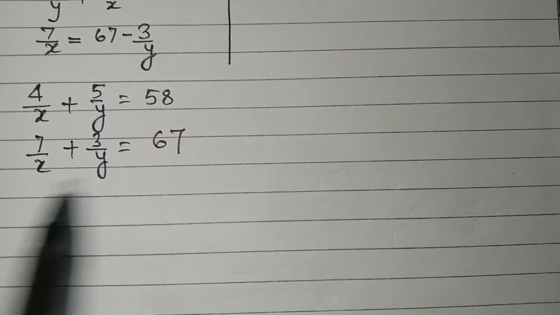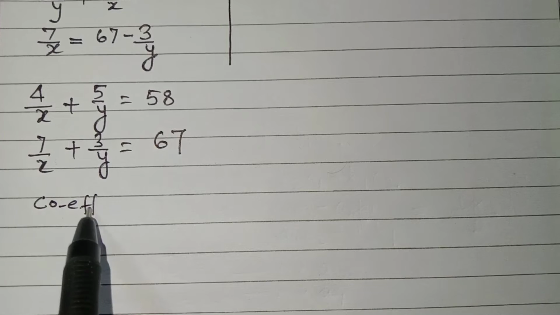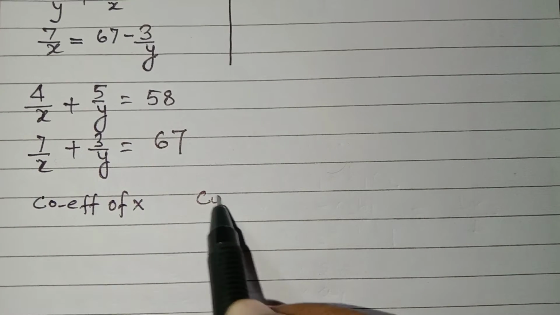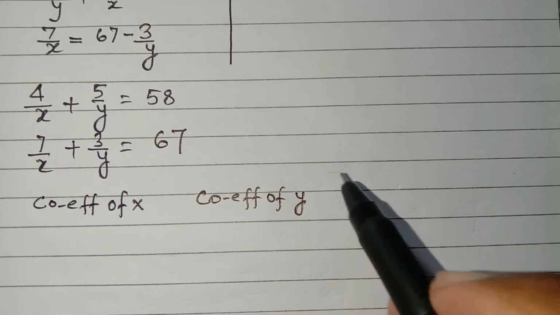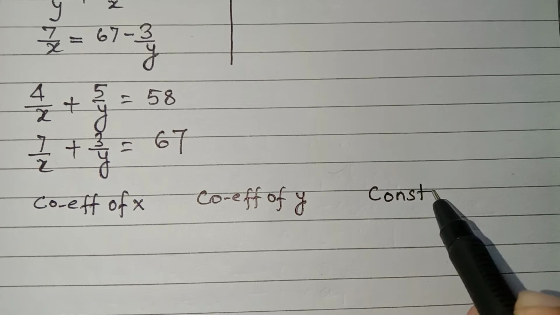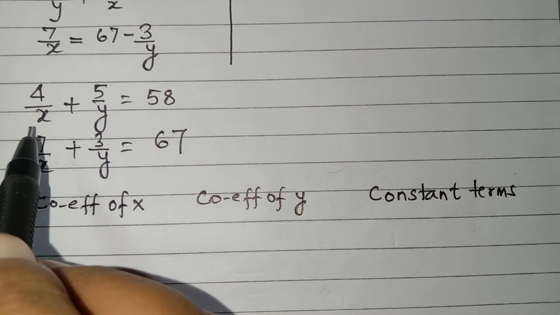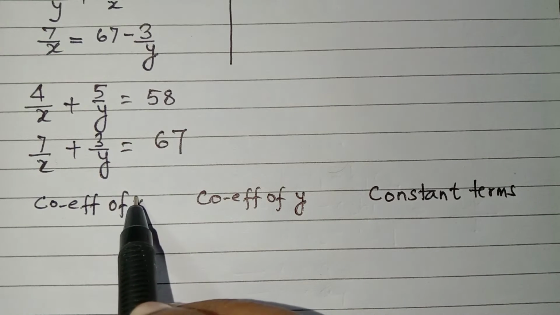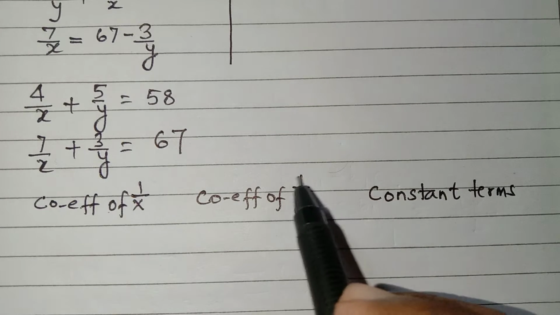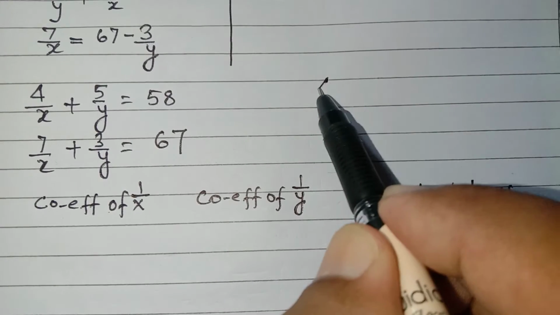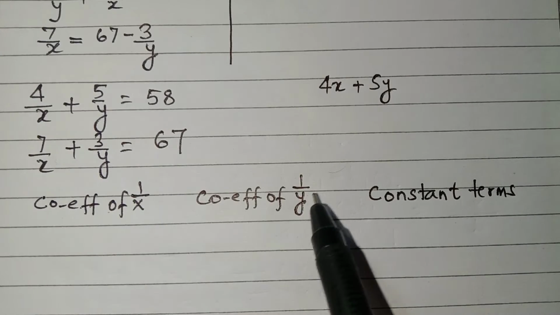Now we write this equation as coefficients of x, coefficients of y, and the constant terms. Sorry, here the variables are 1 by x and 1 by y, so we are going to write the coefficients of 1 by x and 1 by y. If we had something like 4x plus 5y, then we write coefficients of x and coefficients of y.